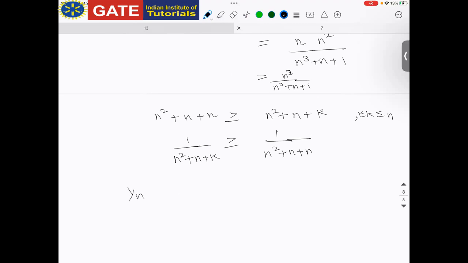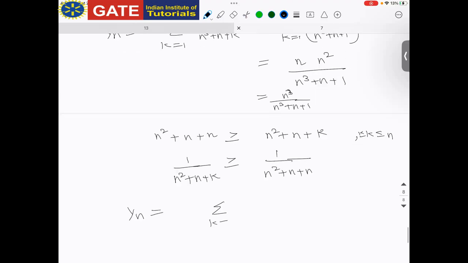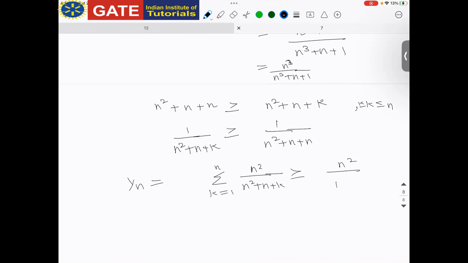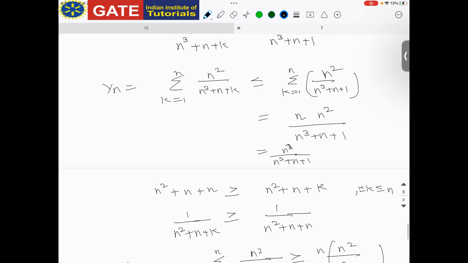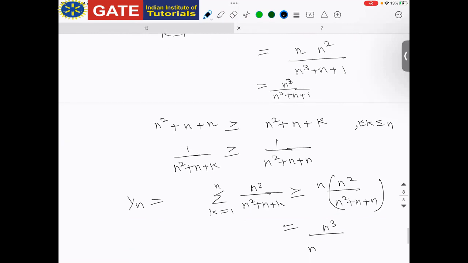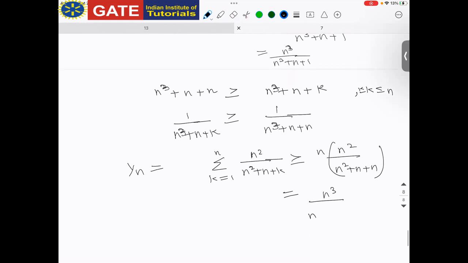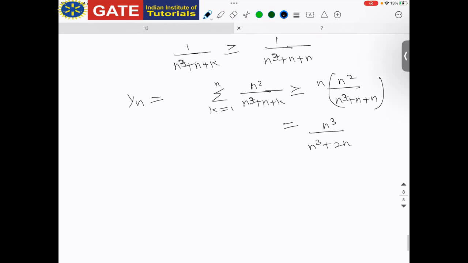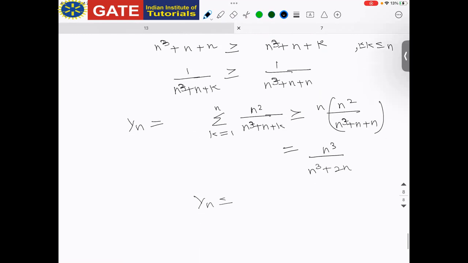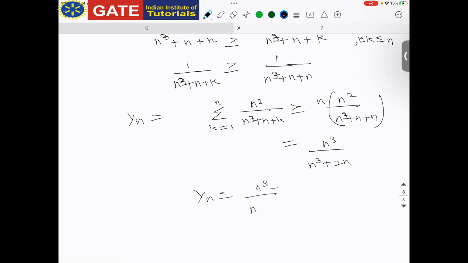So we are done. yn is the summation k equal to 1 to n of n square by n cube plus n plus k. This is greater than or equal to n times n square by n cube plus 2n, that is n cube by n cube plus 2n. So that means your yn is less than or equal to n cube by n cube plus n plus 1.